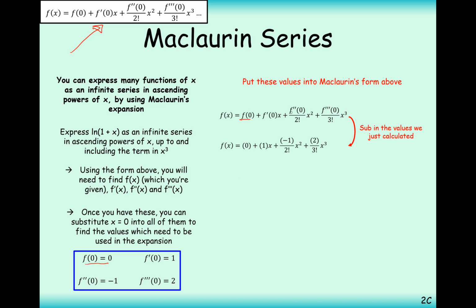The next one will be f double dash of 0, which will be minus 1, and then we'll put that over 2 factorial, because that's what it says to do in the formula. And then we'll carry on that process. So put in the third differential, which was 2, it'll be 2 over 3 factorial. And remember, all of these divide by factorials come from the fact that we've had to differentiate the function 3 times and then divide the coefficient by that number.